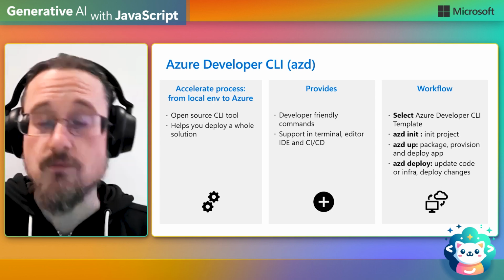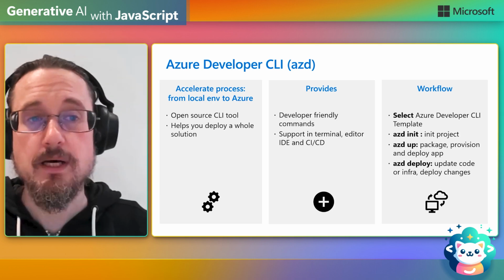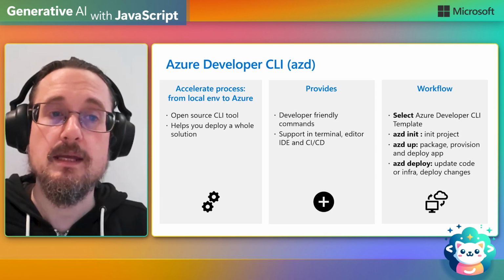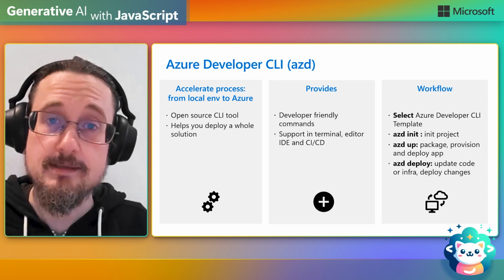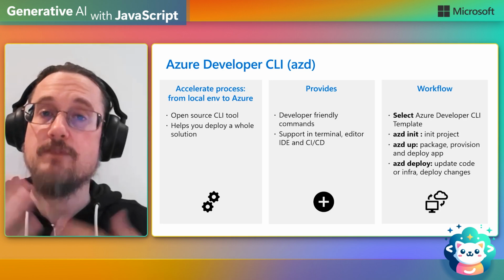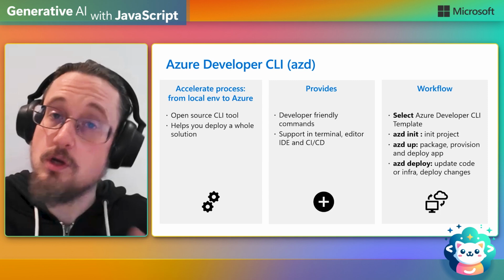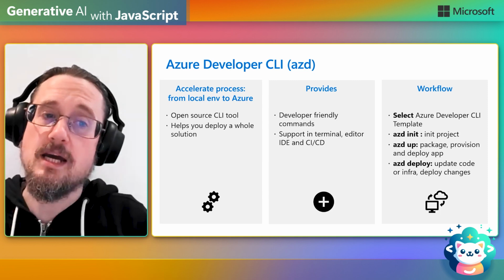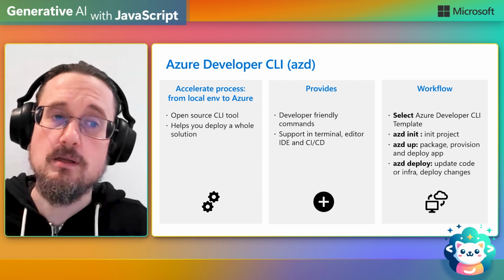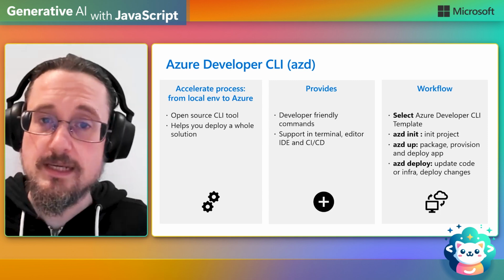Let's talk about tooling. We mentioned tooling initially, but what Azure Developer CLI, or azd, is here to do is to make you faster, to accelerate the process in which you go from your local environment to Azure. So Azure Developer CLI is an open source CLI tool.